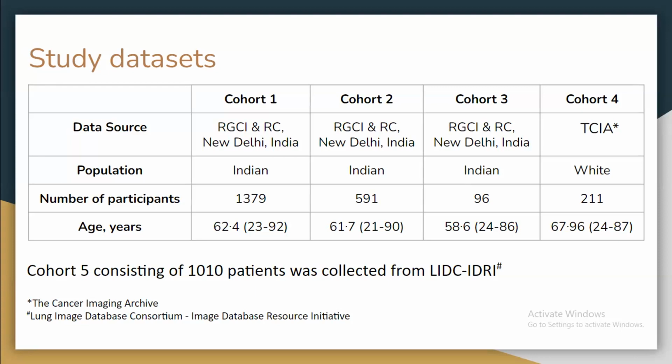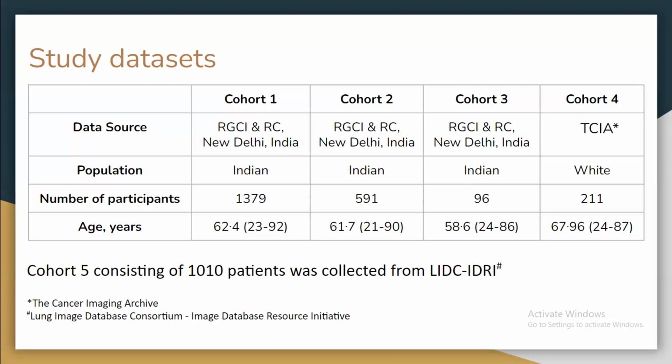In cohort 2, we had 591 patients, again all Indians. The mean age was 61. The third cohort is again an Indian group, 96 patients.